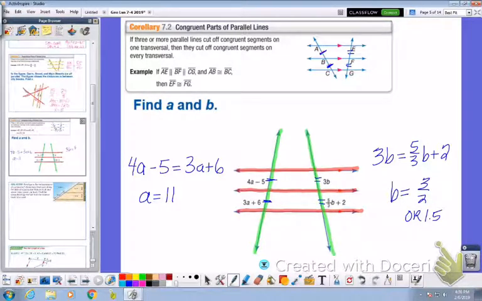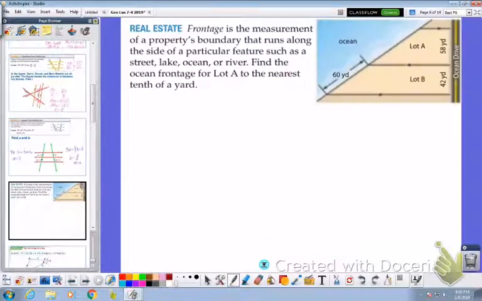Using that same concept, we can come up with proportions when we're dealing with word problems. I'm trying to find out what is the ocean front zone, how much yardage is that on lot A. So you've got triangle, you got some parallel lines. So these lots make up some parallel lines.